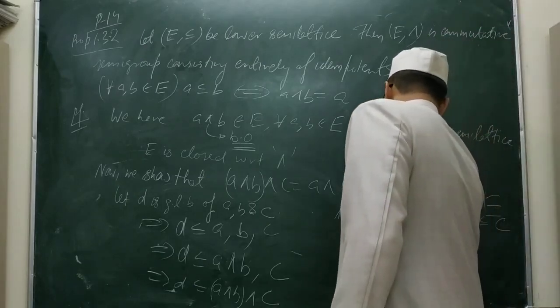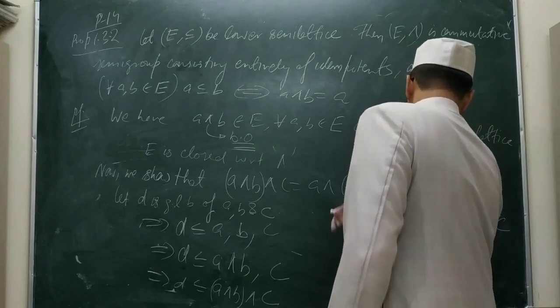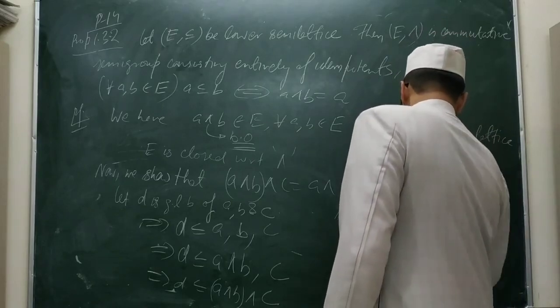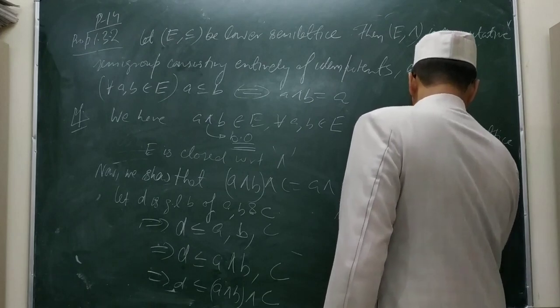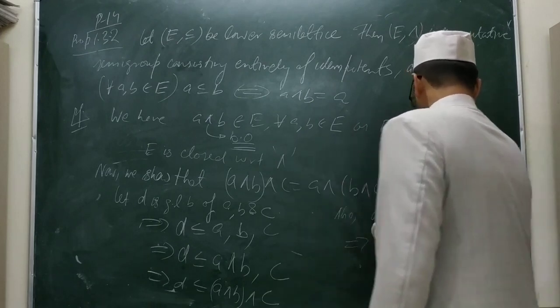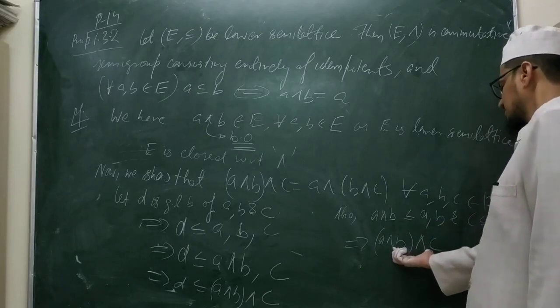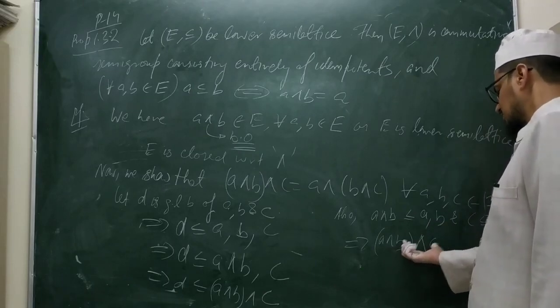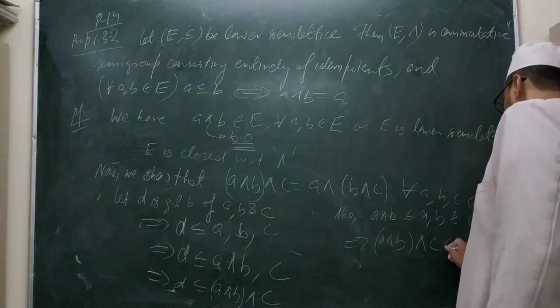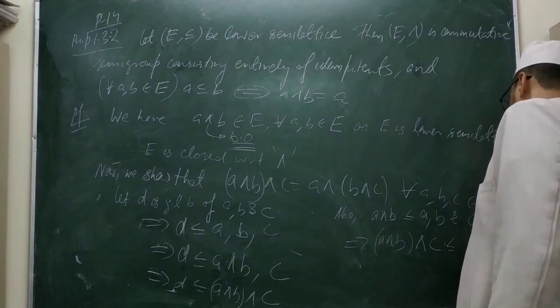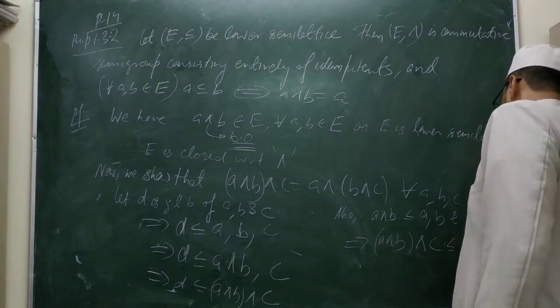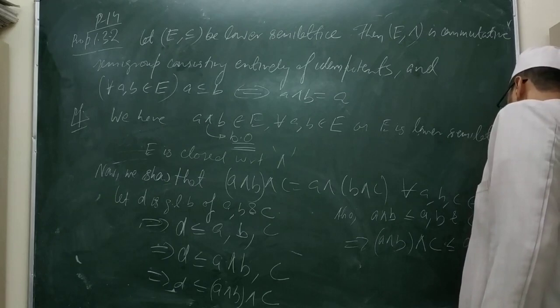So which implies that A meet B, if you take just the meet of this, it will be what? It will be the greatest lower bound. It is a lower bound, so it is also less than or equal to, of course, A, B, and C all.